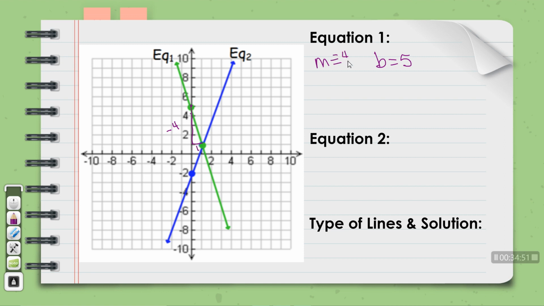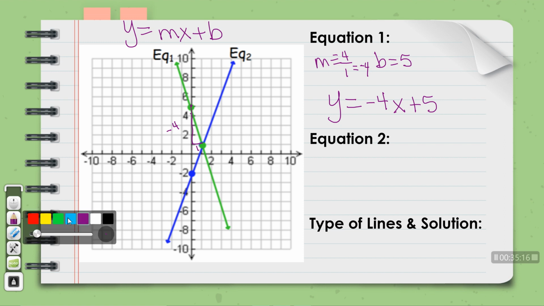So the slope is negative 4 over 1. And we want to simplify that to write it in an equation. What's negative 4 over 1 simplified? Just negative 4. So now we can write our equation. y equals negative 4x plus 5. Because remember, we're doing this in the form of y equals mx plus b for now. We're only doing slope-intercept form for now.